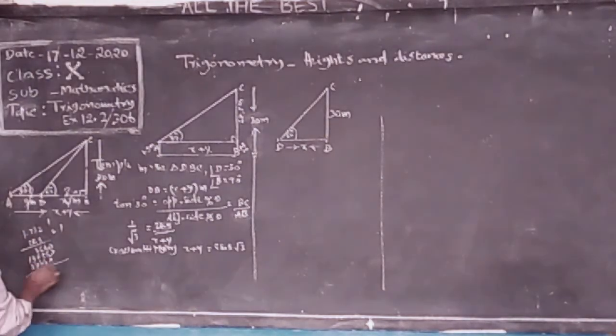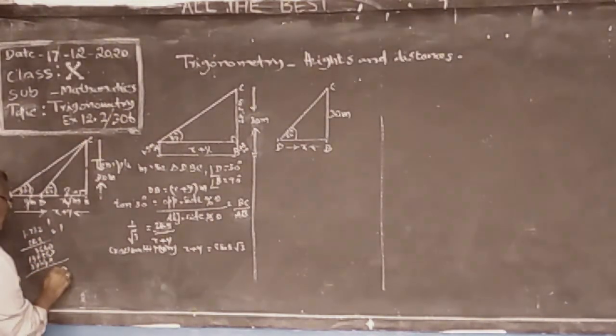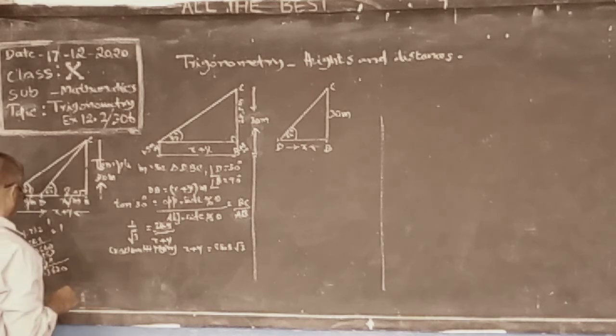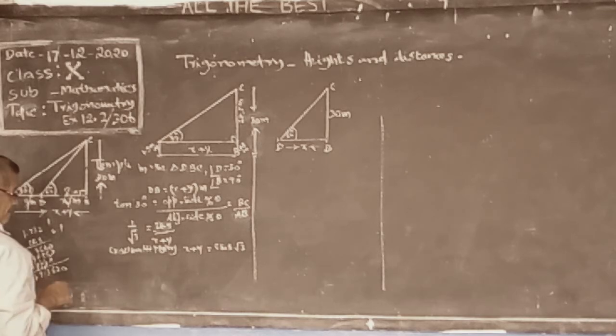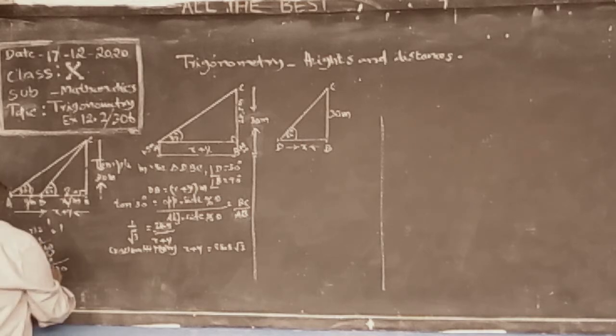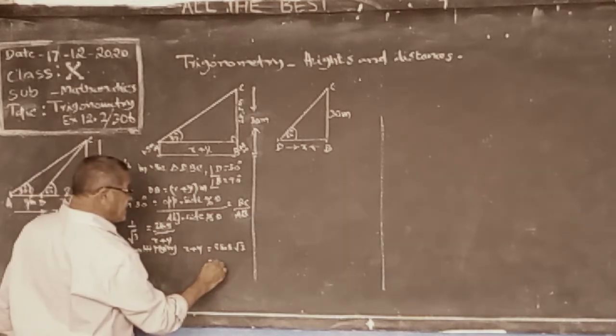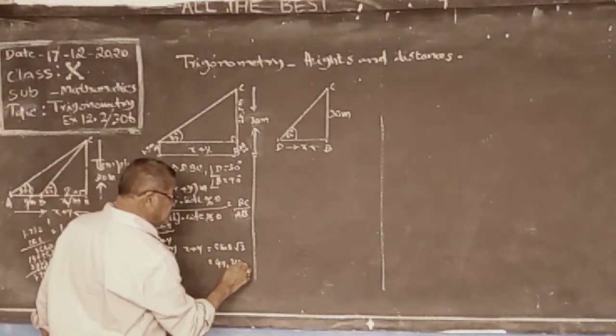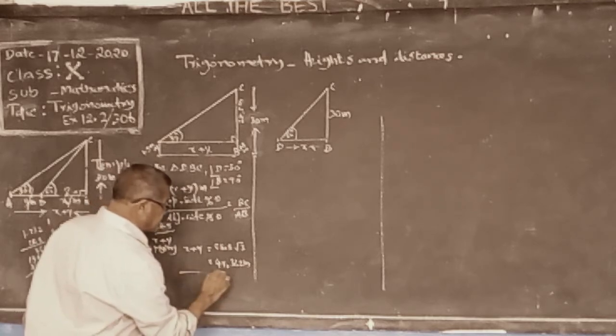So the answer is 49.362 with 3 decimals. So x plus y is 49.362 meters. This is number 1.